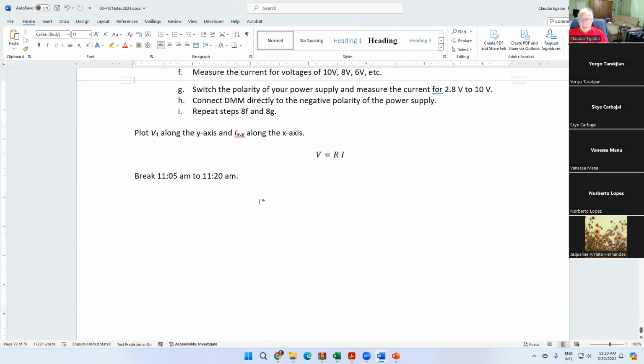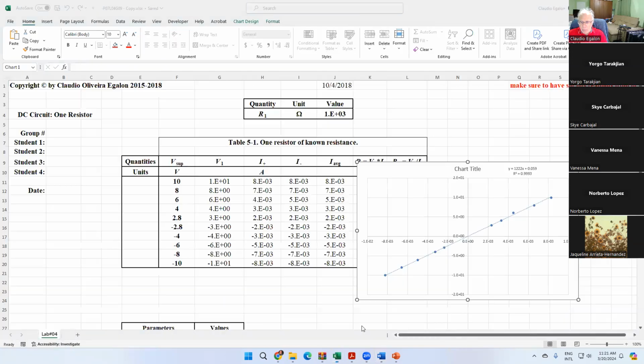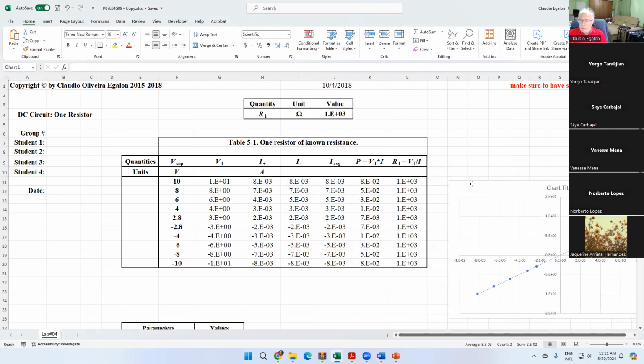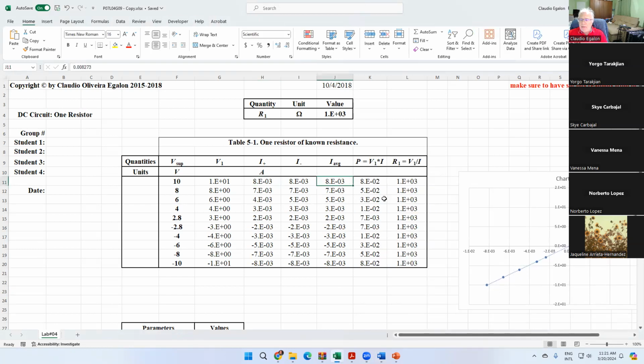And now what you have to do, right? One, plot V1 along the y-axis, I average along the x-axis. I average is the average of I plus and I minus. So you have to worry about the significant figures here.